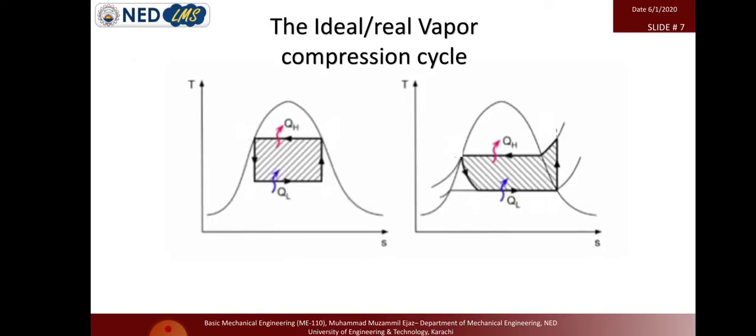In the last lecture, we discussed the ideal and the real vapor compression cycle. The refrigeration cycle, which we are studying right now, is called the vapor compression cycle, because it gets the refrigeration effect by the help of vapor compression. Okay, so this is the ideal cycle. This is the compressor part. The compressor is increasing the temperature and pressure of the gas.